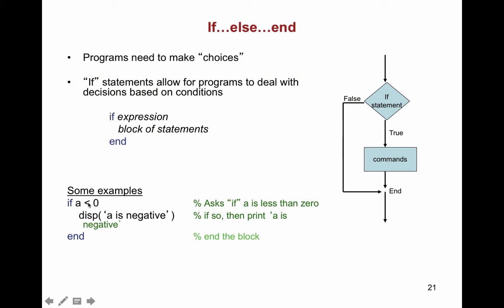So now this is where these relational operators are most used. If A is less than 0 or whatever it is, you can say display A is negative and then put an end. So this if statement will typically, if it's true, have a block of commands.